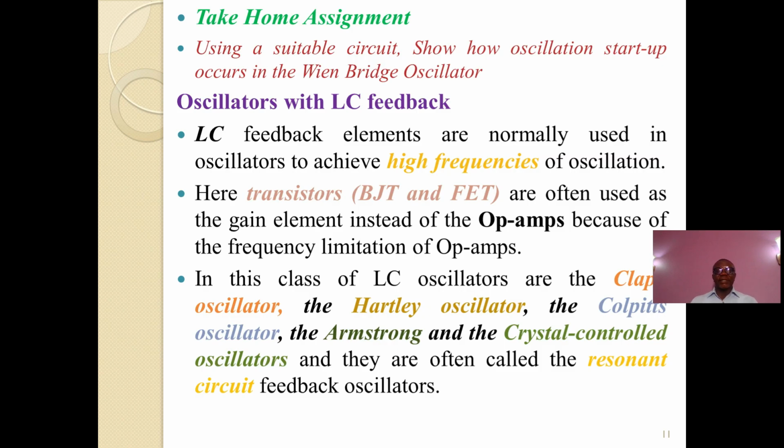Here, transistors instead of operational amplifiers are used. Transistors like bipolar junction transistors and field effect transistors are often used as the gain element instead of operational amplifiers, the reason being that the frequency limitations of the op-amp hamper achieving high frequencies.